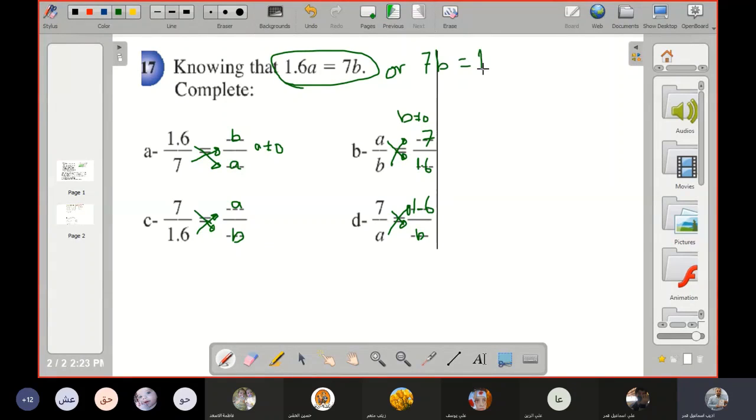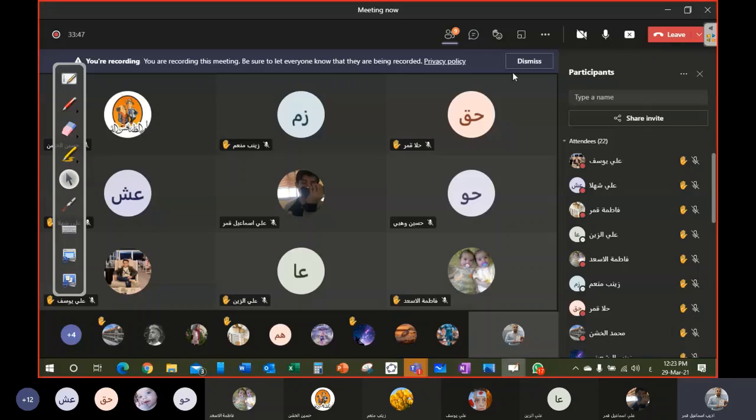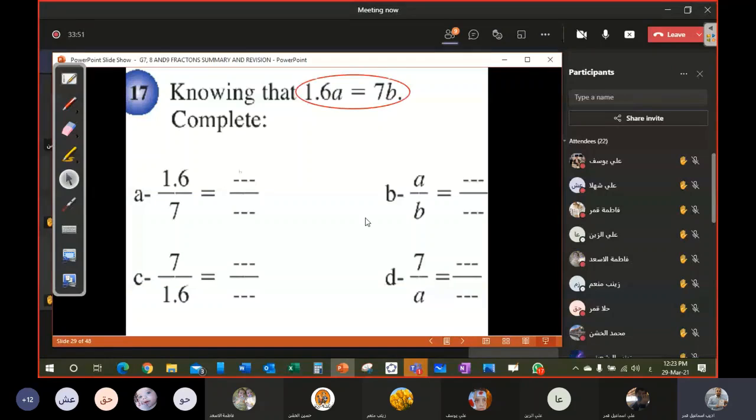This is cross multiplication. So here, this is the answer. I marked this in red. After doing cross multiplication, we should get 1.6A equals 7B in all the 4 parts.